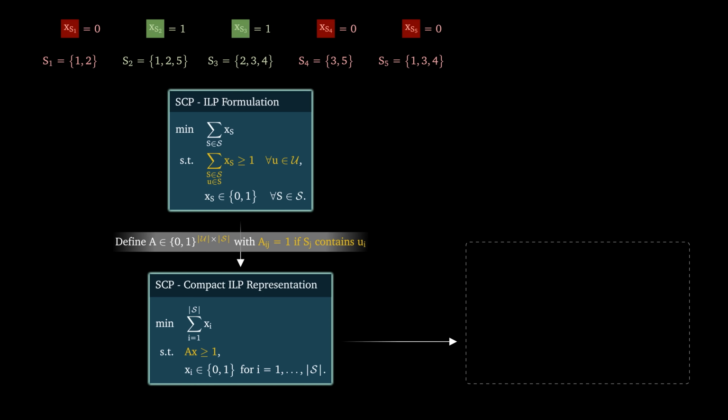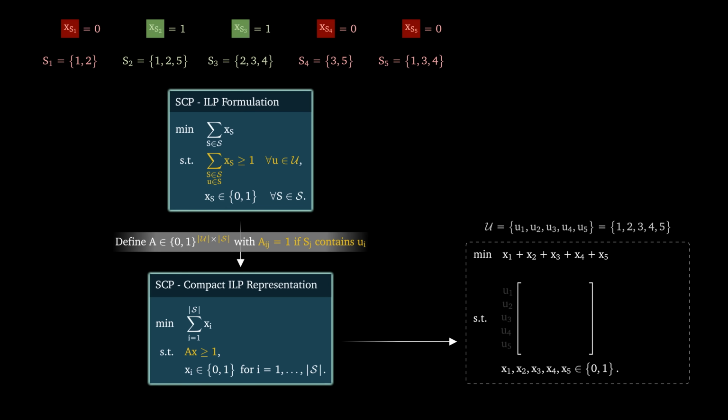First, we notice that there are 5 sets available, which is why we have 5 binary variables reaching from x1 up to x5. The main work lies now basically in the construction of the matrix A. Remember that this matrix has a row for every element from the universe and a column for every available set. In column 1 we insert a 1 into every row for which the corresponding element is contained in the set S1.